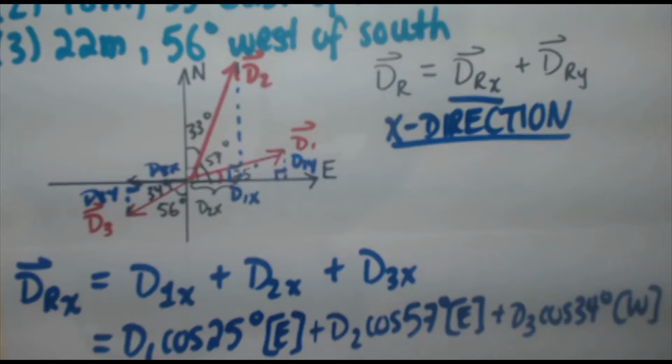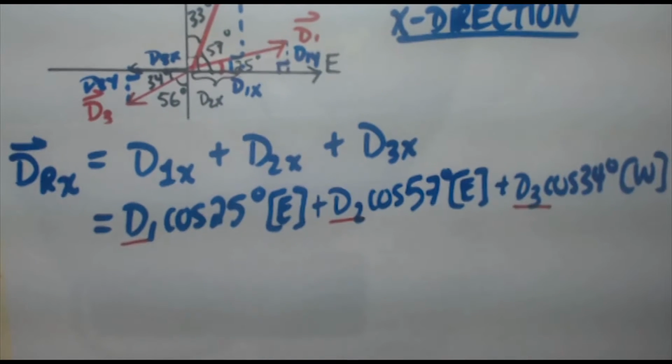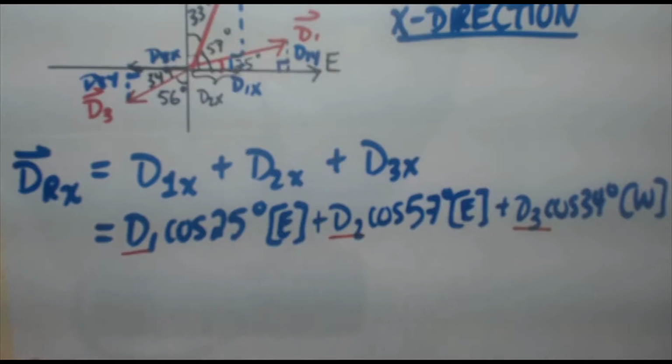Now we actually know what d1, d2, and d3 are, so we can just plug those in. Those were given to us in the question. d1 is 34, d2 is 48, d3 is 22. Okay, so let's go ahead and keep working that out. Again, we're just doing the x direction right now. So I'm going to move my equal sign a bit more to the left here. I'm going to need a bit more space.